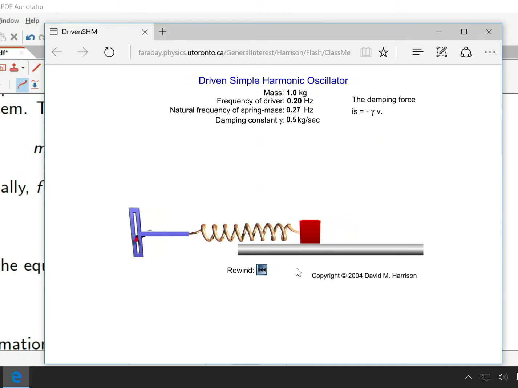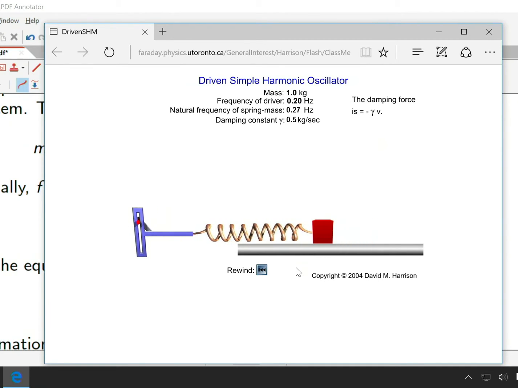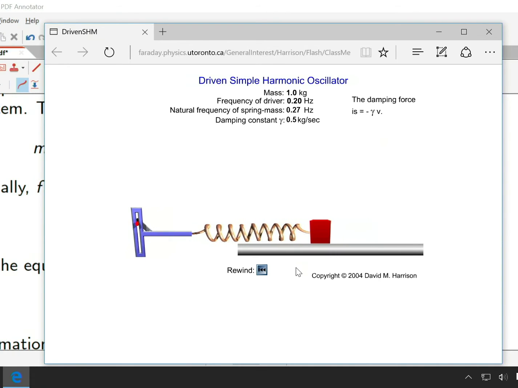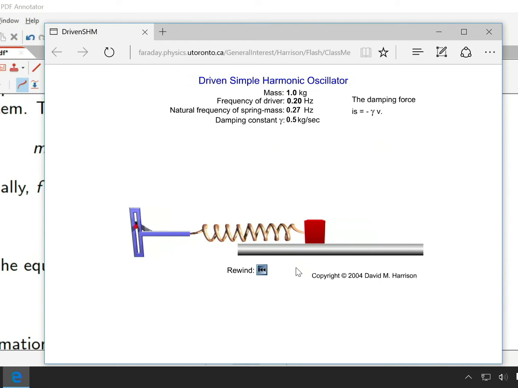The external force is this moving thing on the left, and the spring mass system is on the right. You can think of the external force as when we try to move the position where the spring sits.